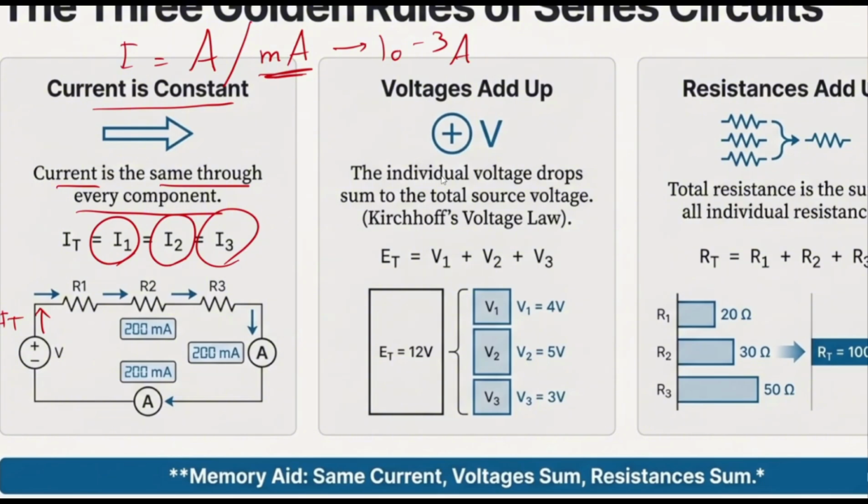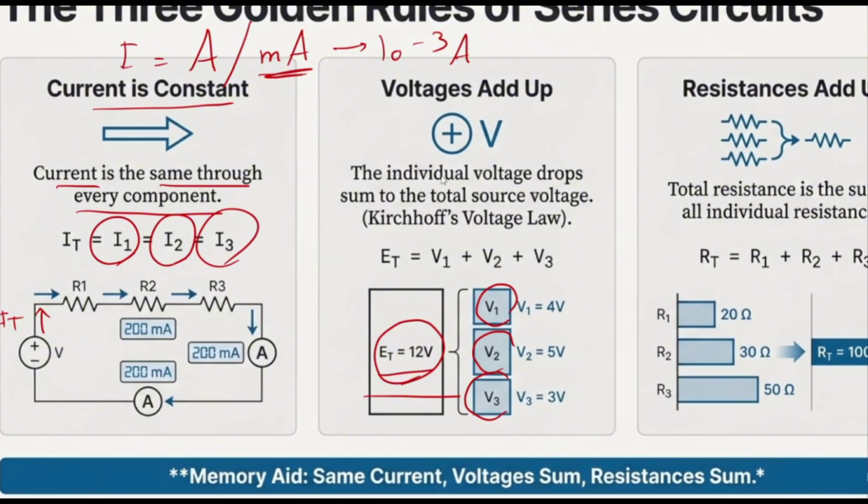What does that mean? As I just told you, voltage is the source, it is your energy, and this voltage is going to be divided among each of your components. Like the energy rule that we have, energy is not going to be destroyed. Energy is going to be converted from one form to another, or at this point, divided between all of your components.